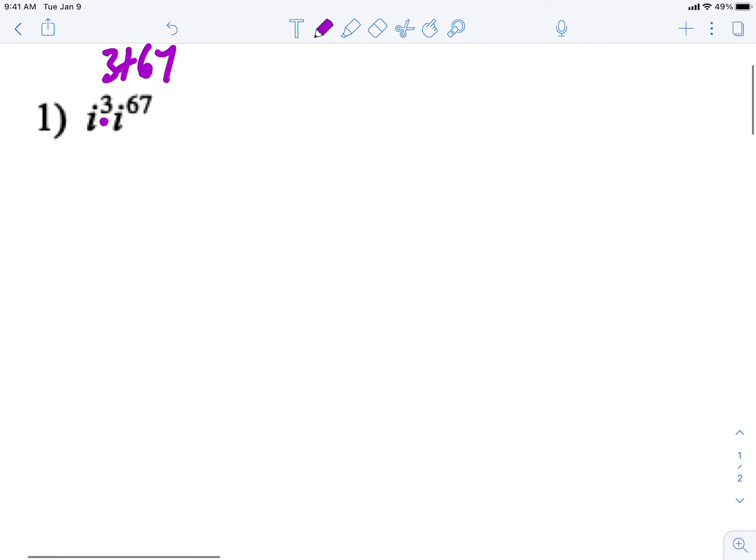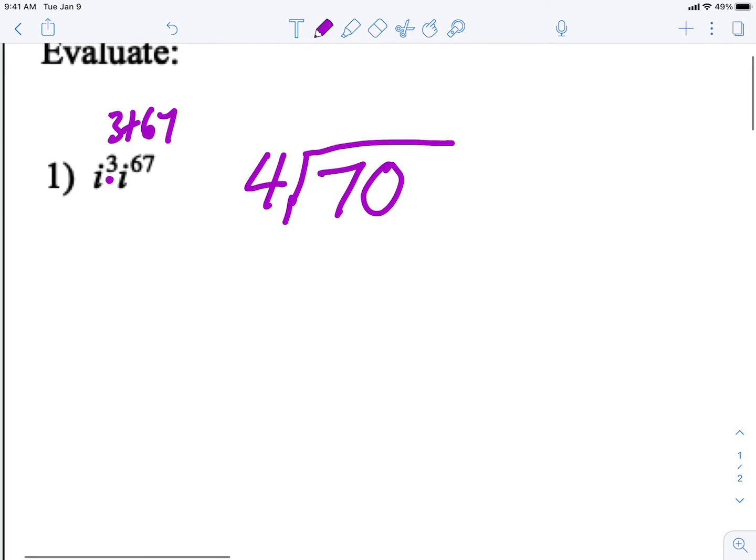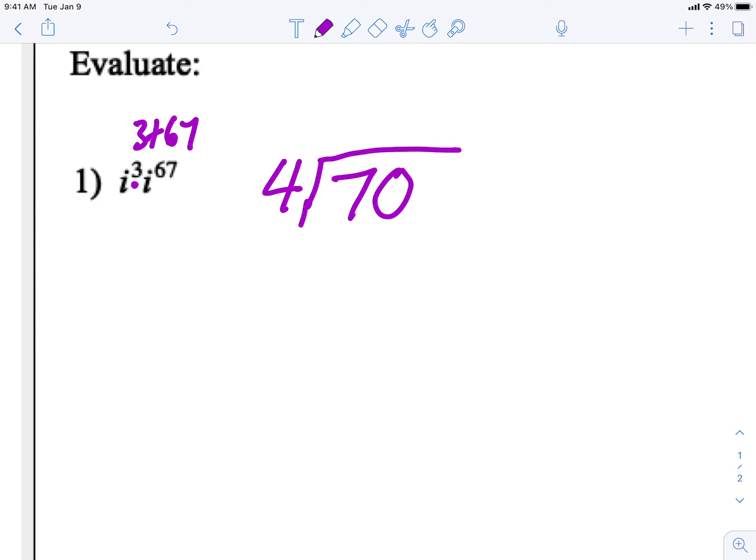So 3 plus 67 is 70. Right? And then I divide 70 by 4. Always divide the sum of the exponents by 4 with imaginary numbers.